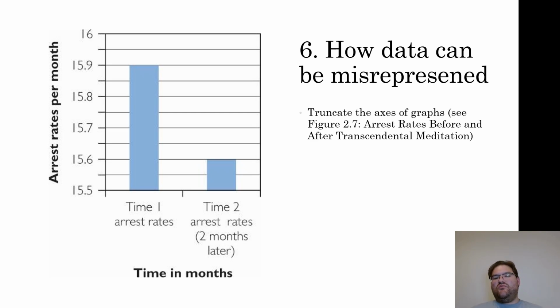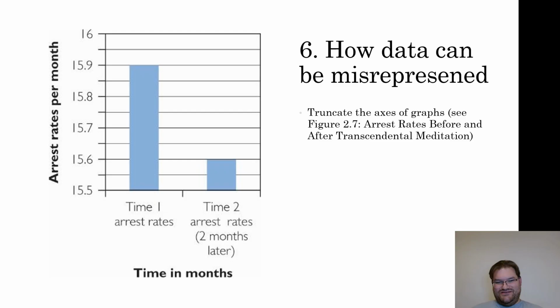So this is why we need to be paying attention. How are things being depicted? How are they being visualized? How are they being graphed? And this is an example from arrest rates before and after transcendental meditation. The authors claim, hey, we found this difference that transcendental meditation decreases arrest rates.